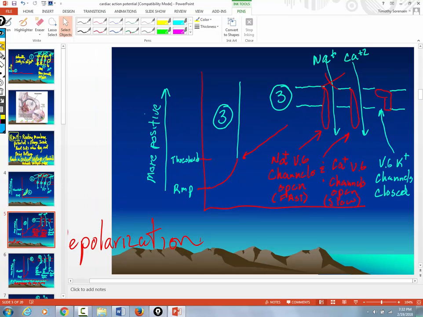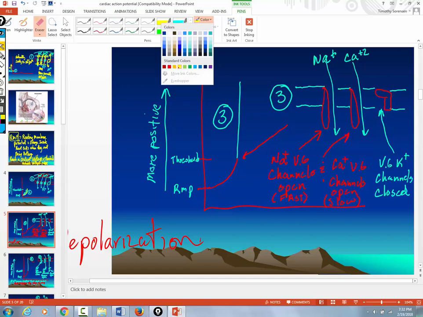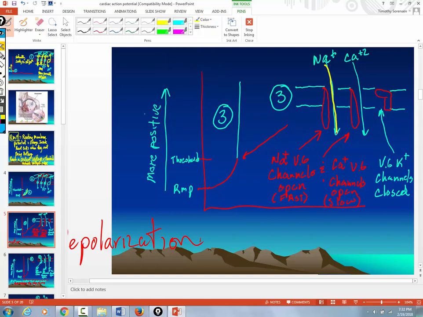Voltage-gated channels. And the 2 voltage-gated channels that open up, and I'm telling you they occur at the same time, even though they don't, for simplicity. When enough sodium and calcium leak in, it activates voltage-gated channels, and that's going to open up sodium voltage-gated channels and calcium voltage-gated channels.